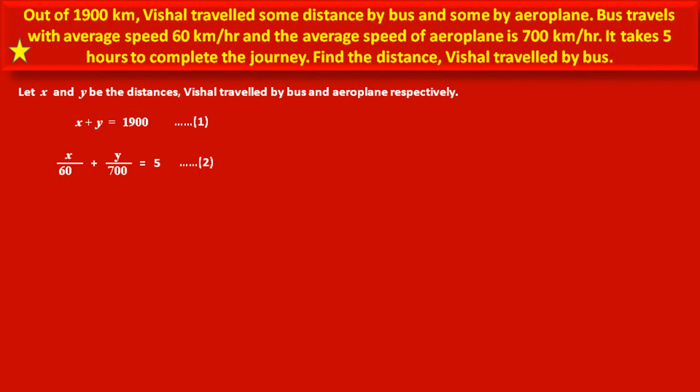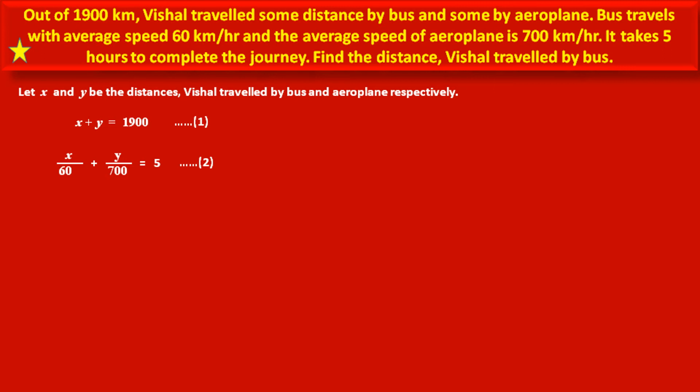See again, here we added two time periods, one for bus and one for aeroplane. The first time period we solve using the physics formula, time is equal to distance upon speed.